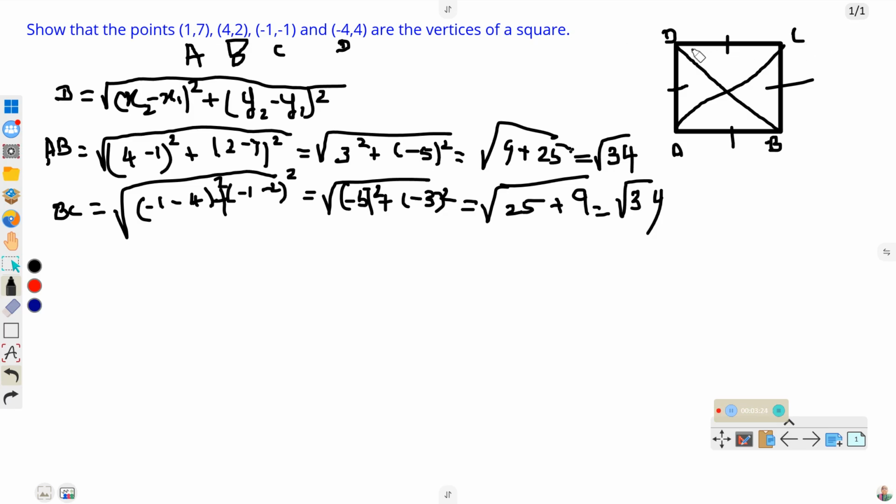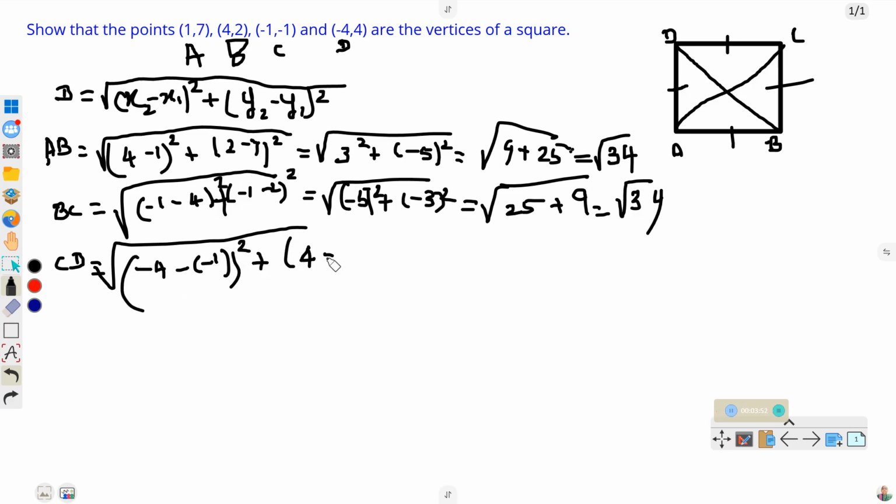Now find out CD, the distance between these two points, where C is minus 1 and D is minus 4. Consider that y2 is minus 4, x2 is minus 4, x1 is minus 1. So minus 4 minus of minus 1, plus y2 minus y1.